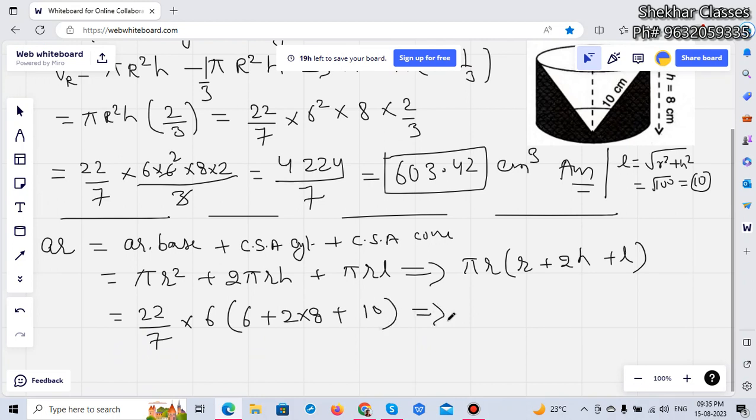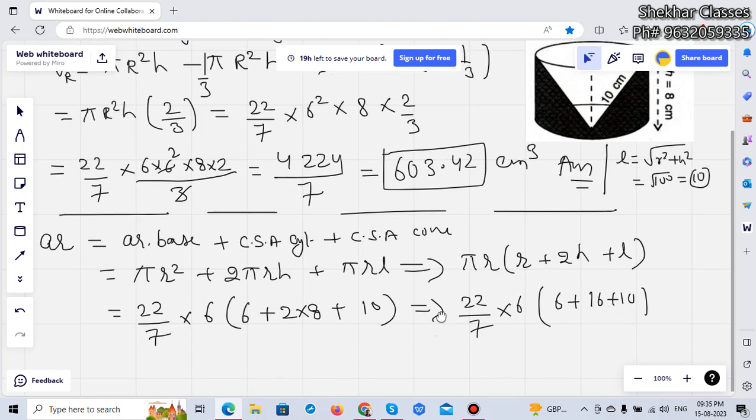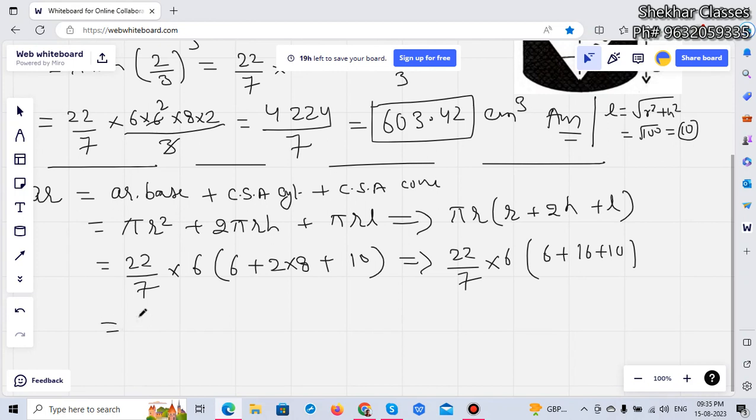So if I further solve it, it becomes 22 upon 7 into 6 into, 6 plus 16 plus 10, which is 32.